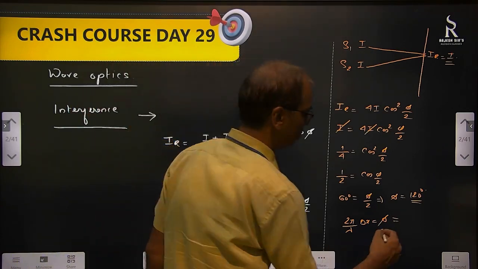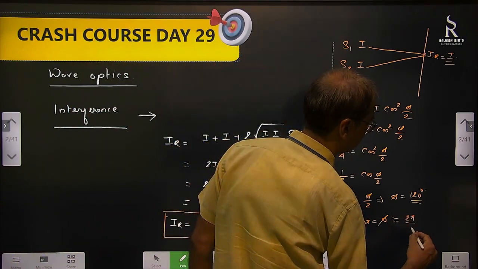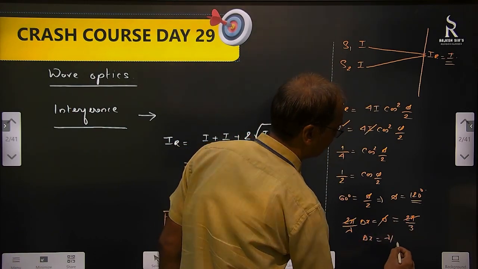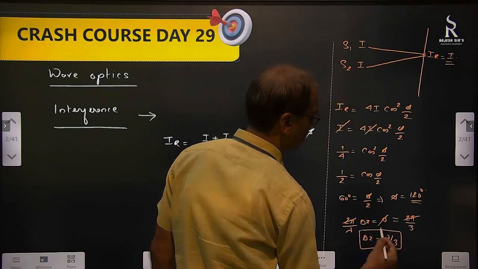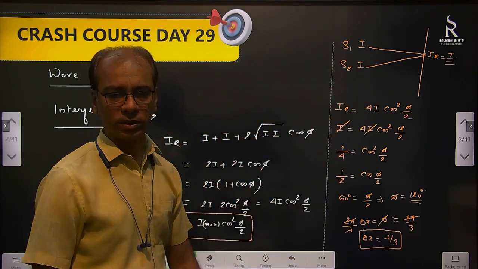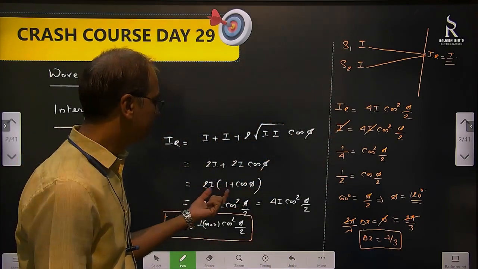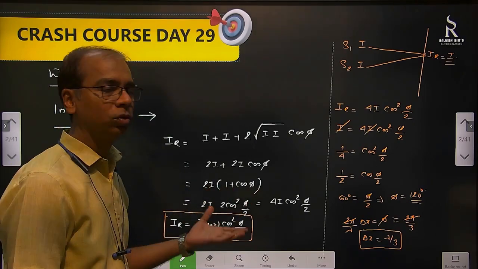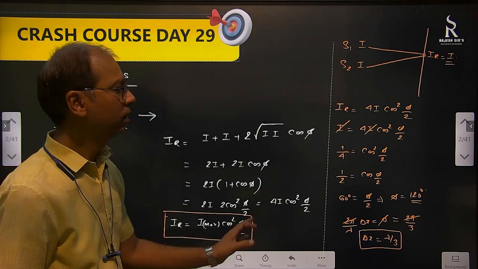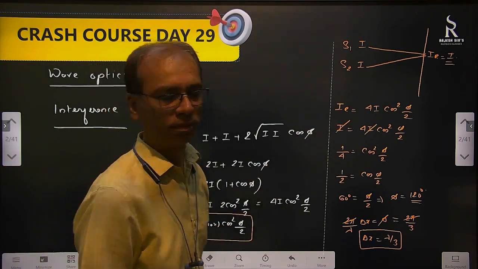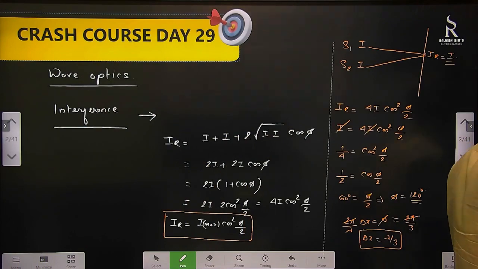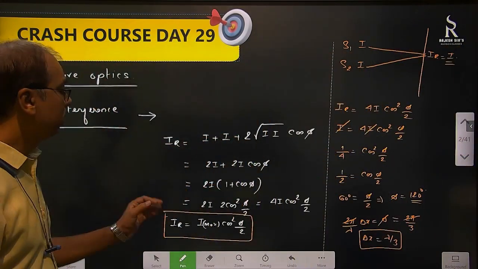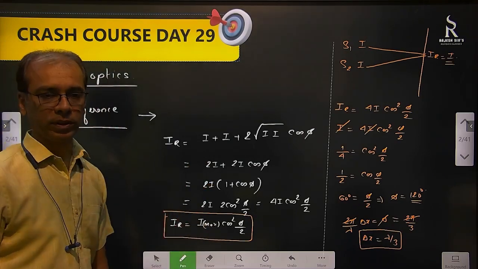So 2 pi and 2 pi cancel, and delta x comes out to be lambda by 3. In the last class we also did a similar question, but we solved it from the earlier step. Today we did two more steps and got this formula, and we solved this question with that formula itself. Why did we do it? Because this is directly asked in the question.